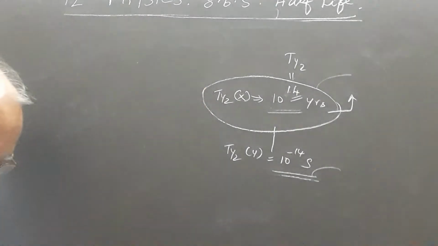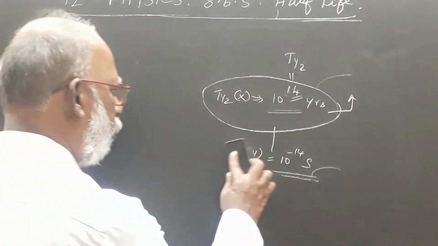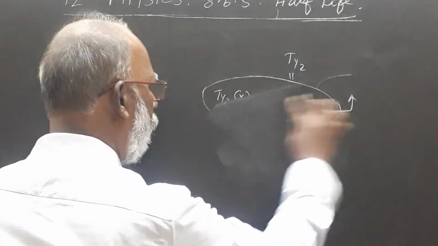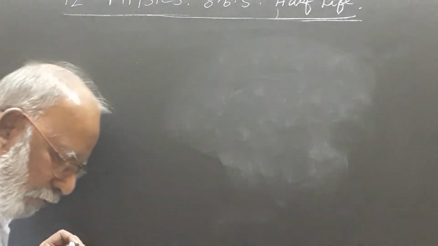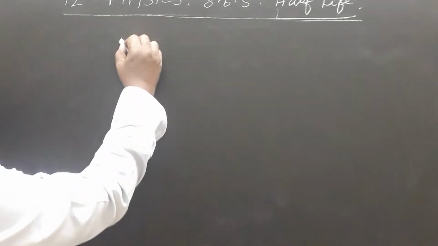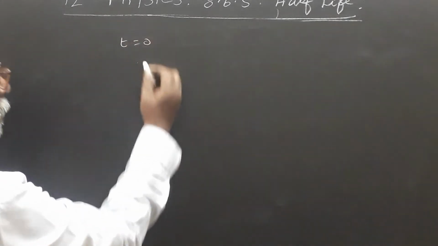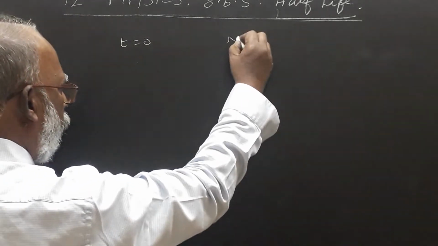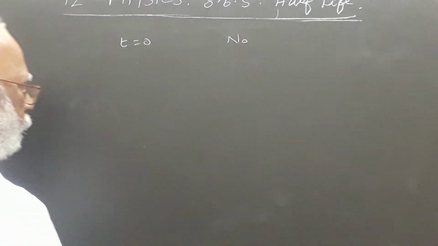Okay. Now we are going to derive an expression for the half-life period of any decaying element. Suppose when t equal to 0, the total number of atoms is N naught.